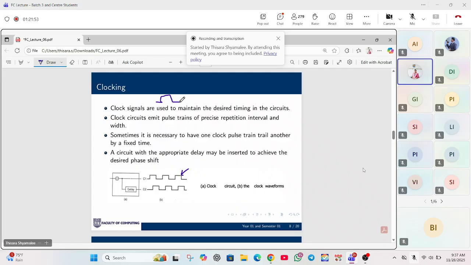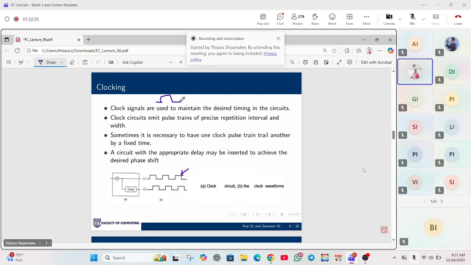So actually, we are trying to incorporate the clock signal into a latch and build a sequential circuit from that. The circuit we are going to build is known as a flip-flop. By combining the clock signal with the latches, we build the flip-flop.